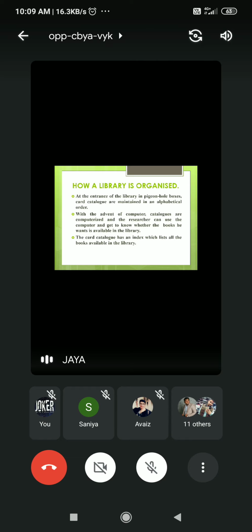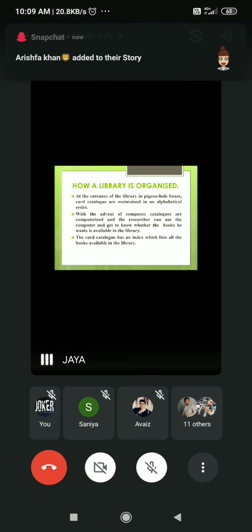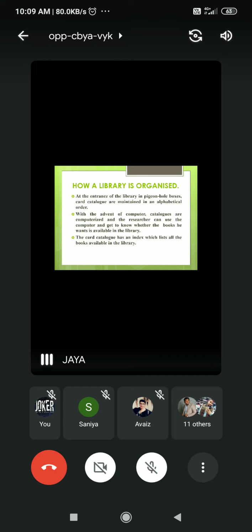That normally used to be there in any library, but today many changes have happened in the present scenario. So those pigeonhole boxes are not available in our library. In old libraries you can still find them, maintaining the same concept, but now it is modernized.